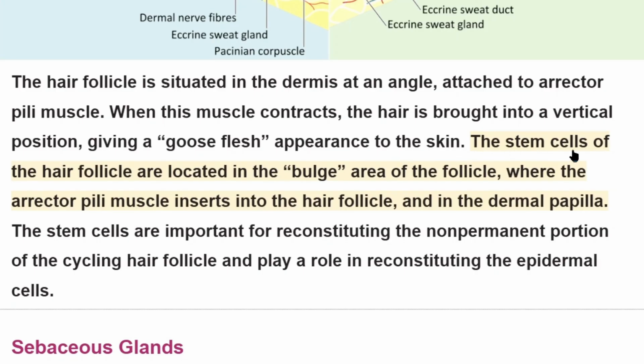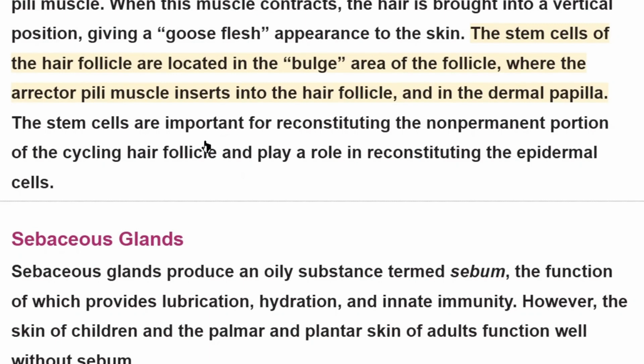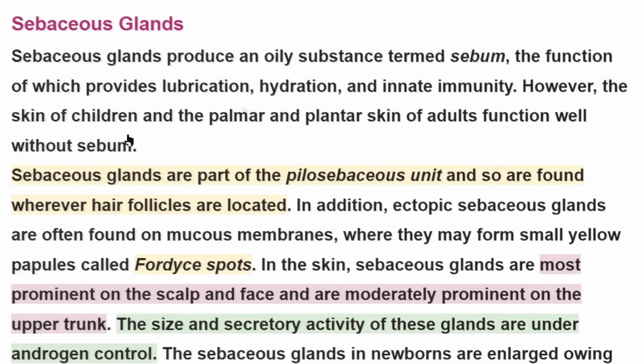The stem cells of the hair follicle are located in the bulge area of the follicle, where the arrector pili muscle inserts into the hair follicle, and in the dermal papilla. The stem cells are important for reconstituting the non-permanent portion of the cycling hair follicle and play a role in reconstituting the epidermal cells.